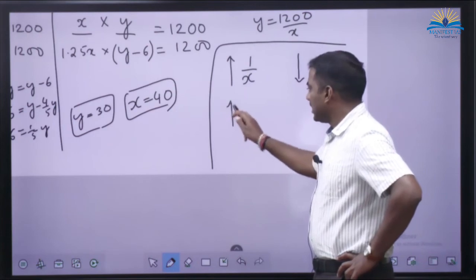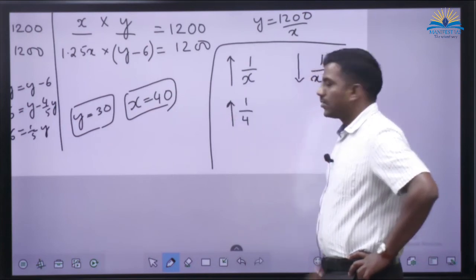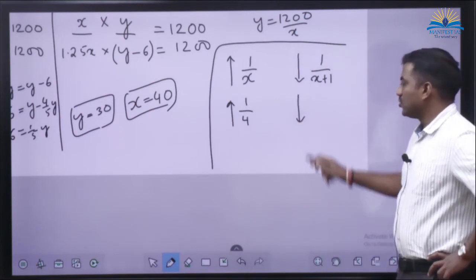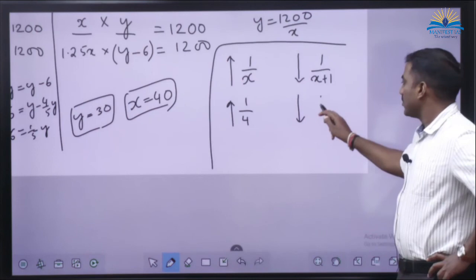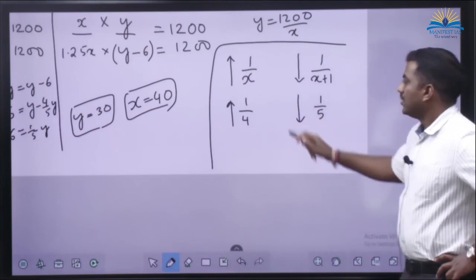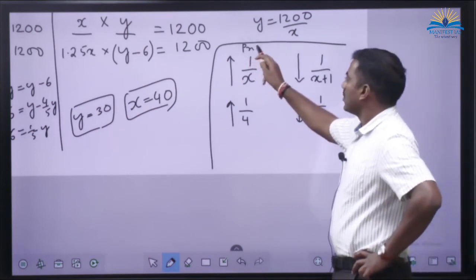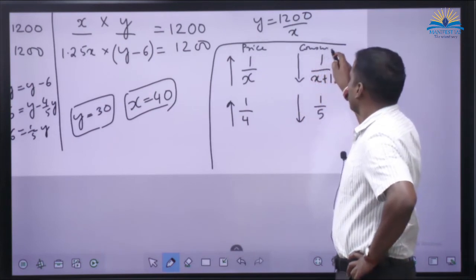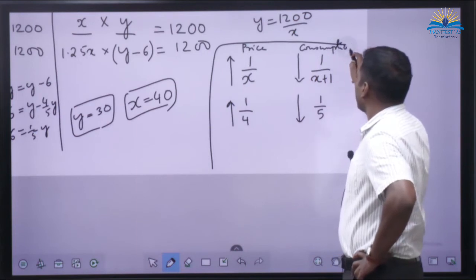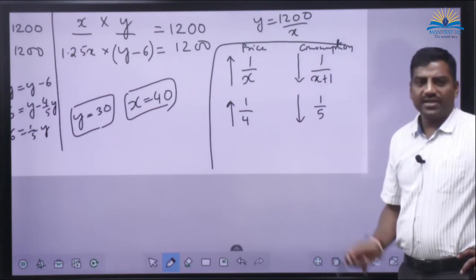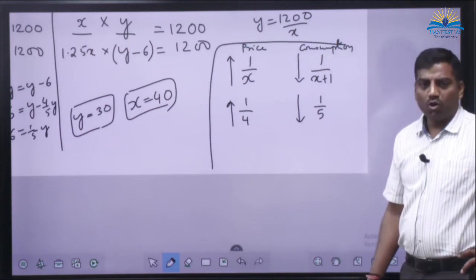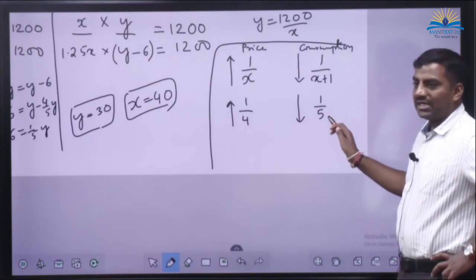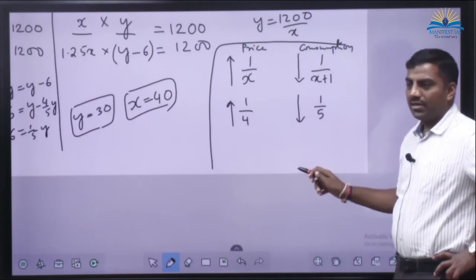So our price is increasing by 1 by 4, then according to this, consumption has to fall by 1 by 5. This can be with respect to anything, maybe grains, food, petrol, anything for that matter. So our consumption has to reduce by 1 by 5, right?